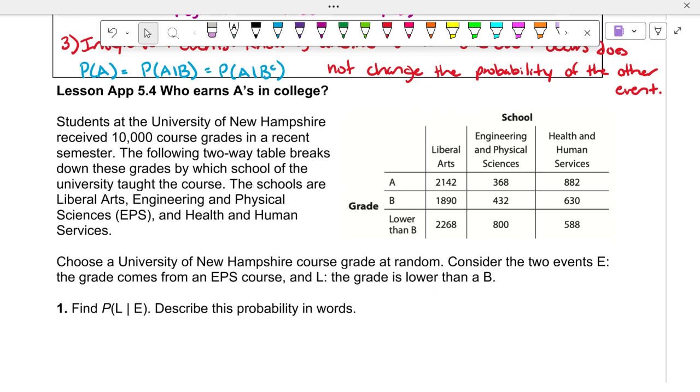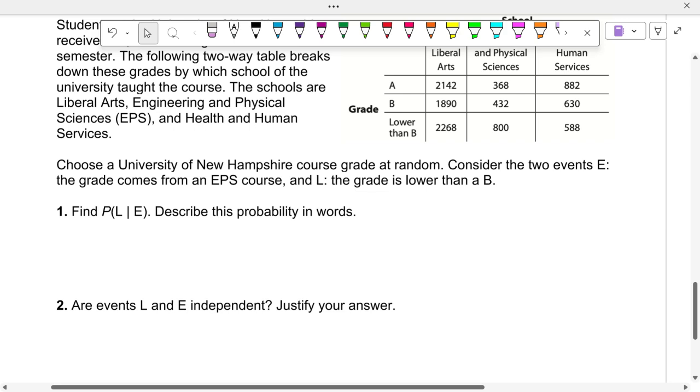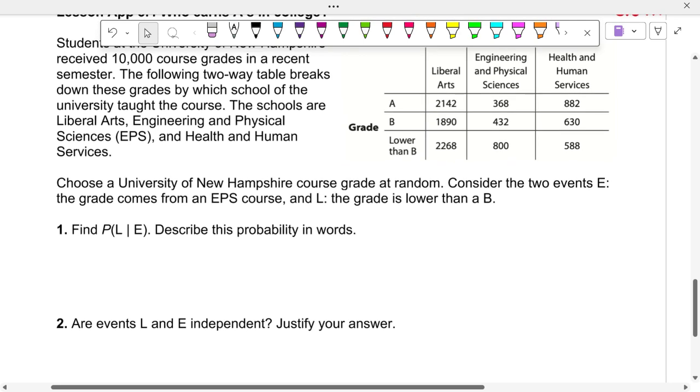All right. And they did not total these for you, so just take that into account. They're not totaled, so you probably need to total each of the columns and everything. But choose a University of New Hampshire course grade at random.